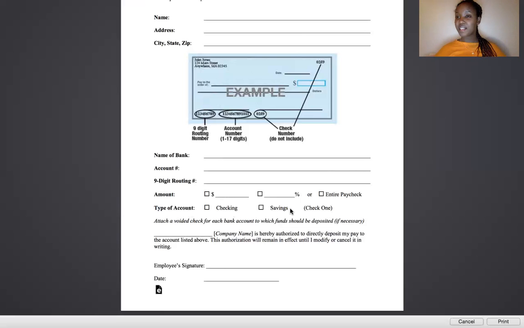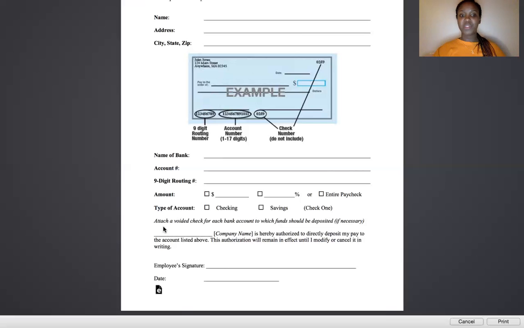And a savings account is an account that you put money inside that you don't want to use. Okay? So when you put money in a savings account, that means you are trying to save that money. So you are trying to make it more and more and more. So that is a savings account.